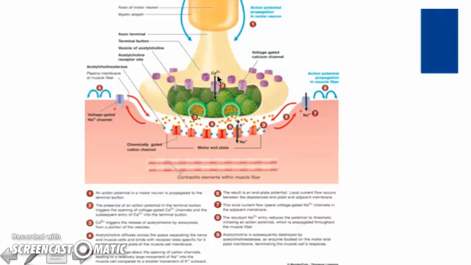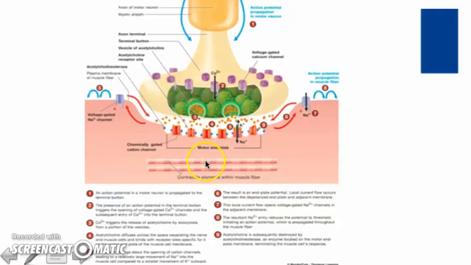As these vesicles containing acetylcholine release acetylcholine in this area of the motor end plate, the acetylcholine binds to the acetylcholine receptors on these ion channels. The ion channels open and sodium rushes into the cell.